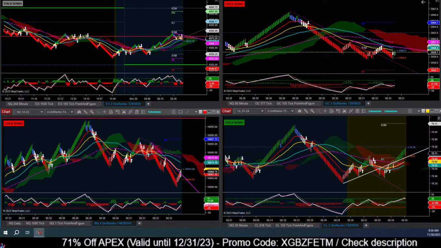We do have a well-defined support now at 2058.5.